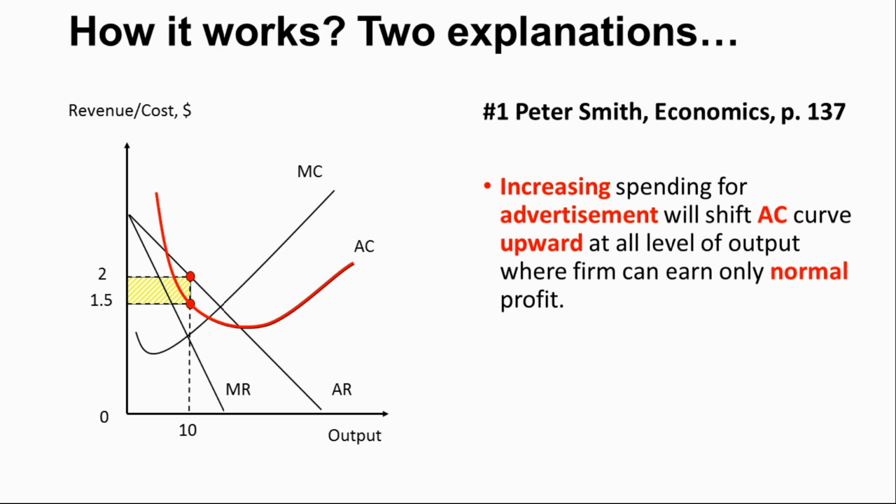If the company spends money for advertisement, the average cost is rising, and the average cost curve shifts upward. Can you see? Thus, in the long run, the price which will be charged would be equal to average cost, and the company will earn only economic profit.